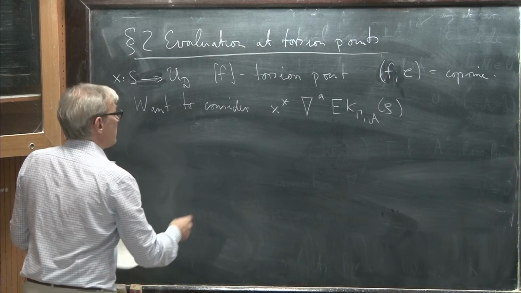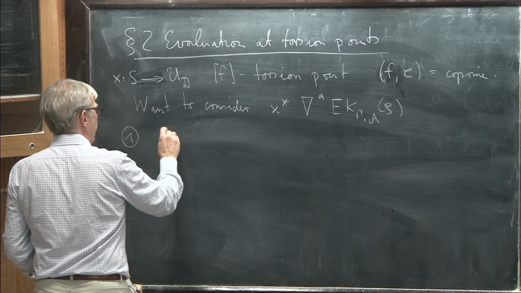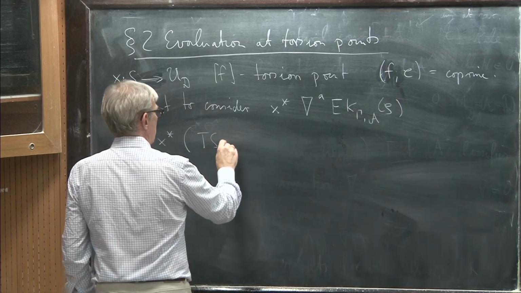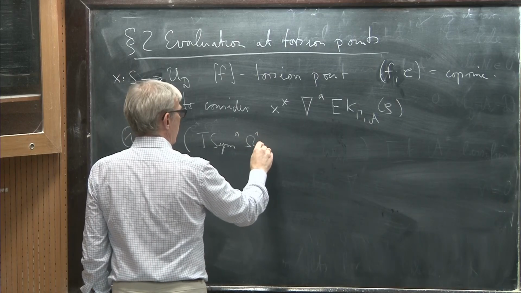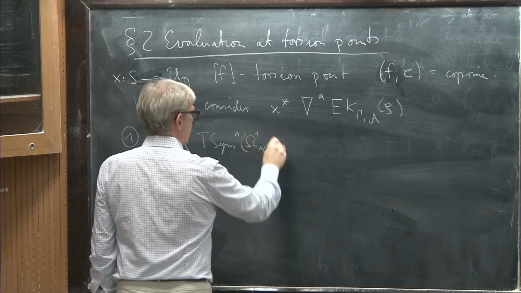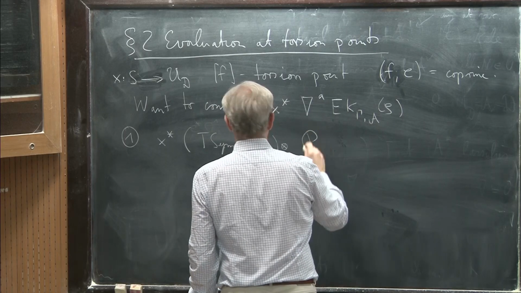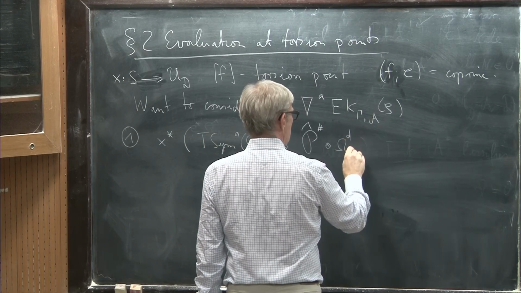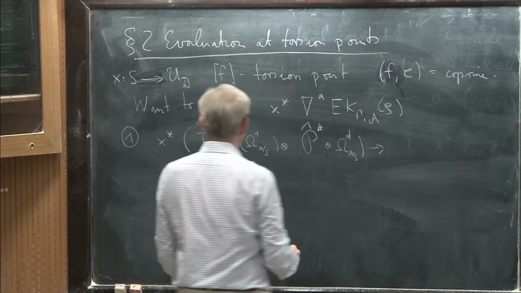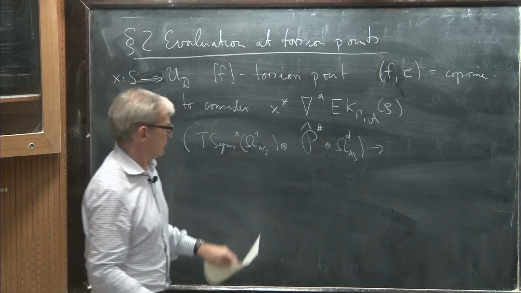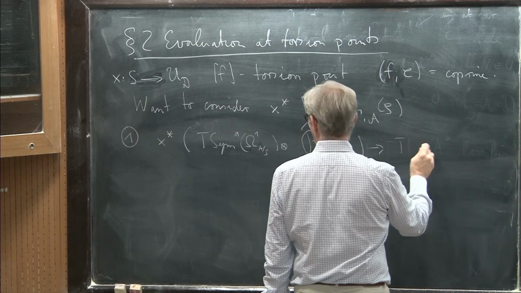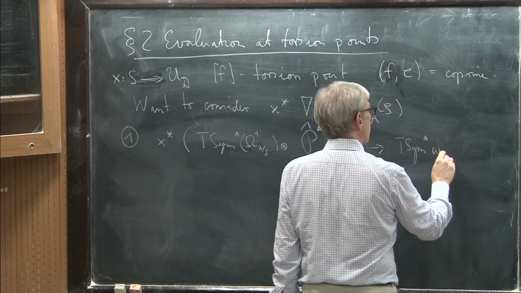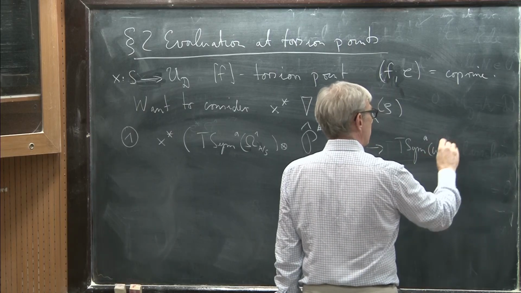So first we have the following. We have a map x upper star from the symmetric power omega 1 A over S tensor this completed Poincaré bundle omega D. These are all equivariant sheaves, so we get simply the small omega A over S here.